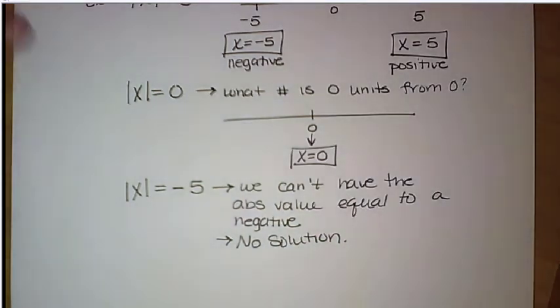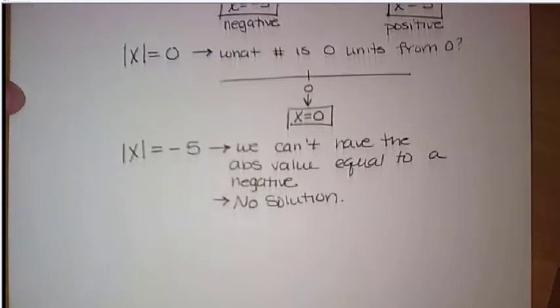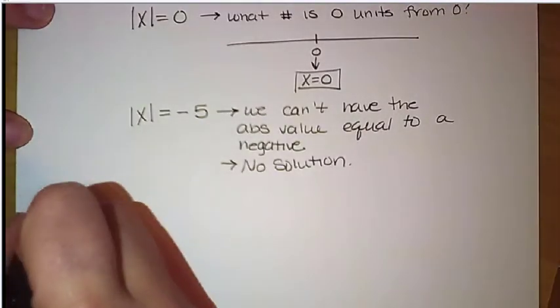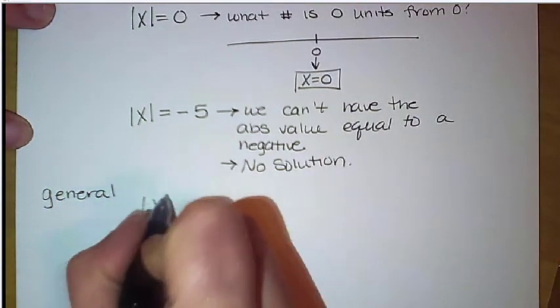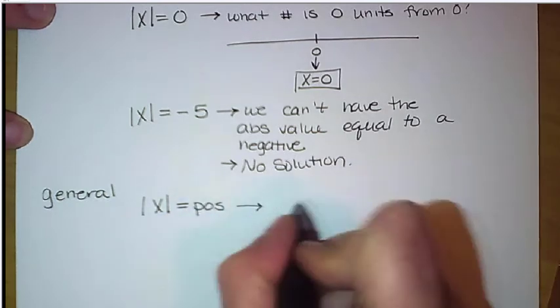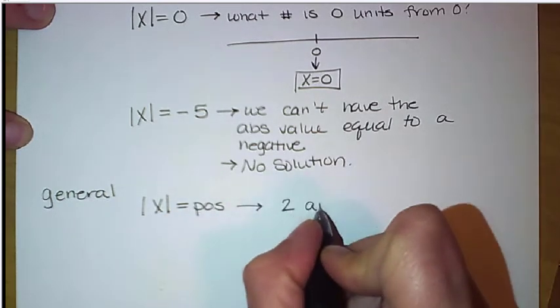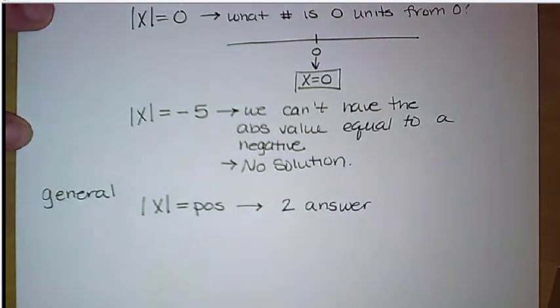Okay. So then, just in general, so you can see how these problems work out: if you have the absolute value of x equal to a positive number, then you are going to have two answers. Sometimes they may be like that one example we just did where we had x equal to negative 5 and positive 5.